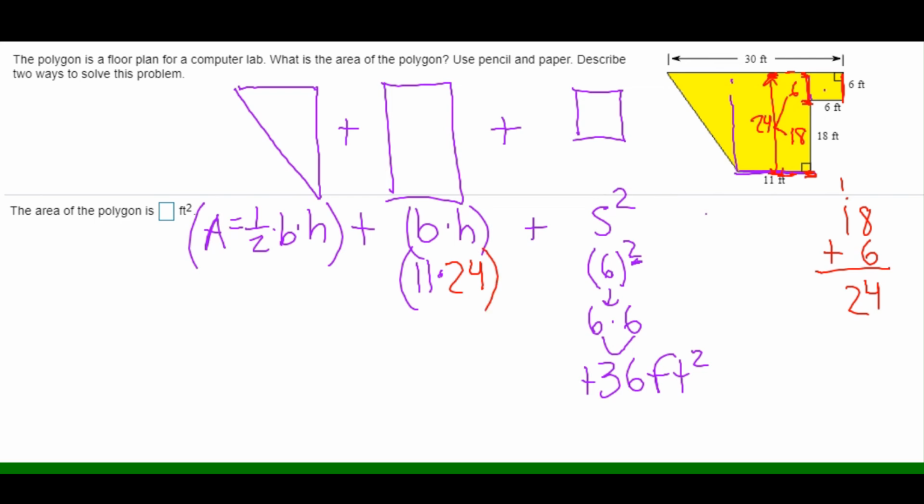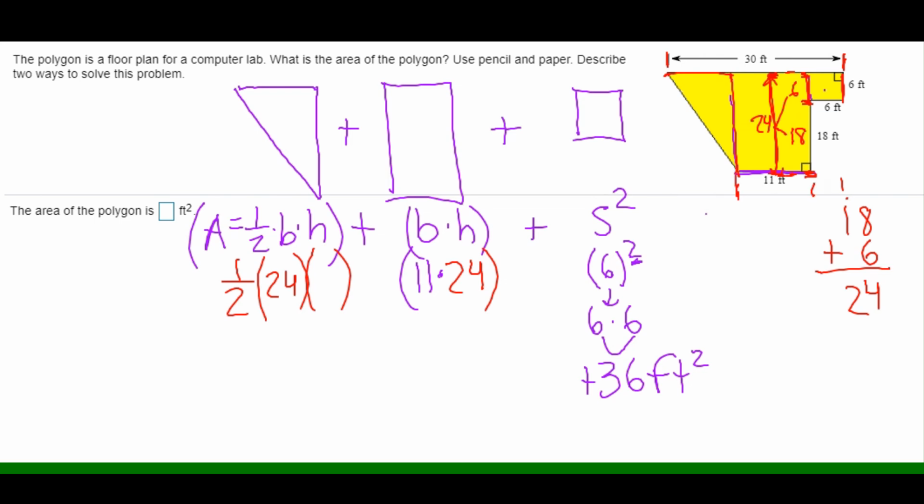Now I need to find the base and the height of the triangle. From here to here is the same exact length as from here to here, so I can use 24. So 1/2 times 24. And then I need my base, the other length from here to here. From here to here is equivalent to 30.